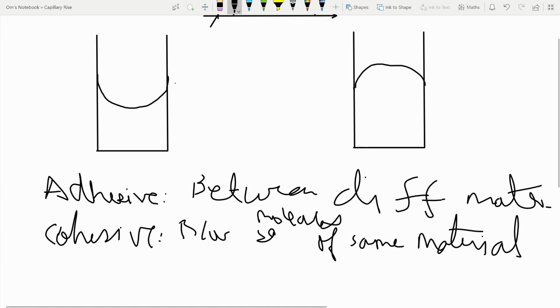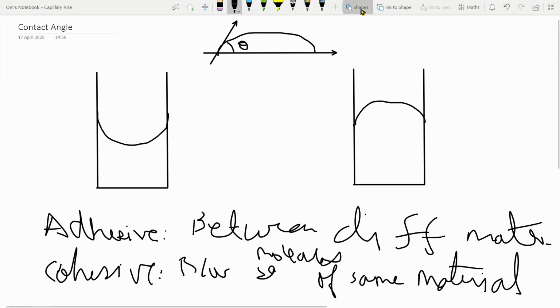Let's begin analyzing these two situations to see why and how the liquid bends. The adhesive force over here will always be perpendicular to the surface. Let's write F_A to denote the adhesive force.